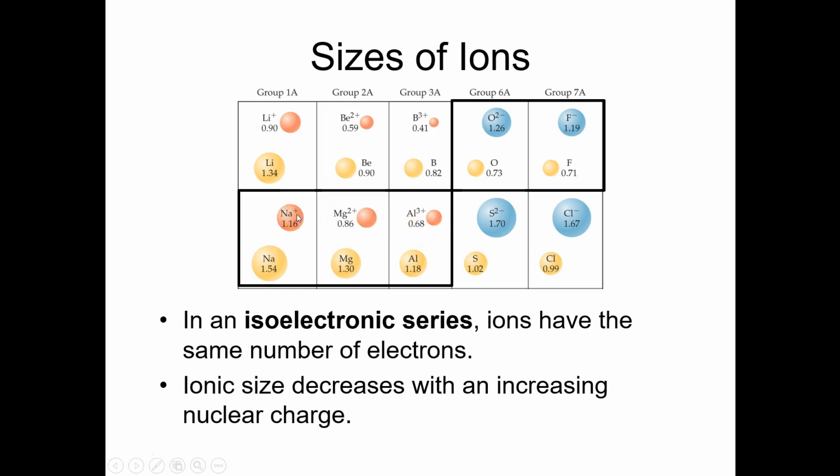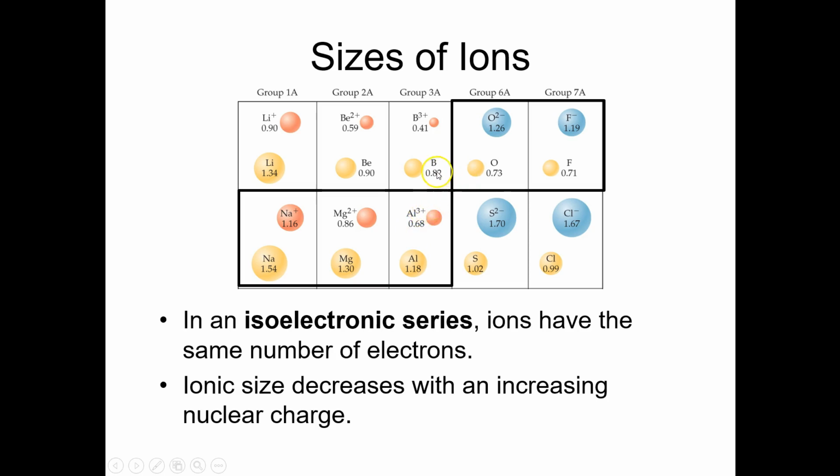Remember, when you ionize, you're trying to be like the nearest noble gas, and the nearest noble gas to all of these things, oxygen, fluorine, sodium, magnesium, and aluminum, is neon. And therefore, oxygen gains 2 to be like neon, fluorine gains 1, sodium loses 1, magnesium loses 2, and aluminum loses 3. Also, they can be like neon.